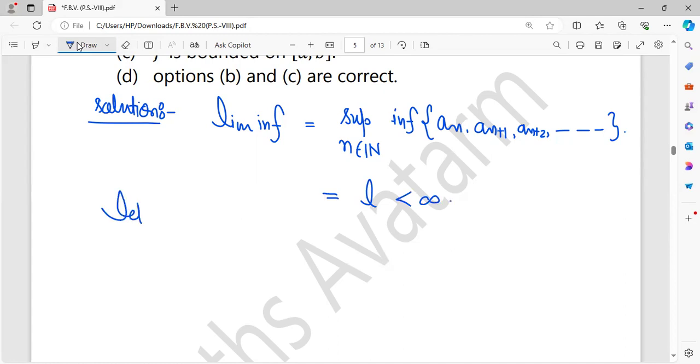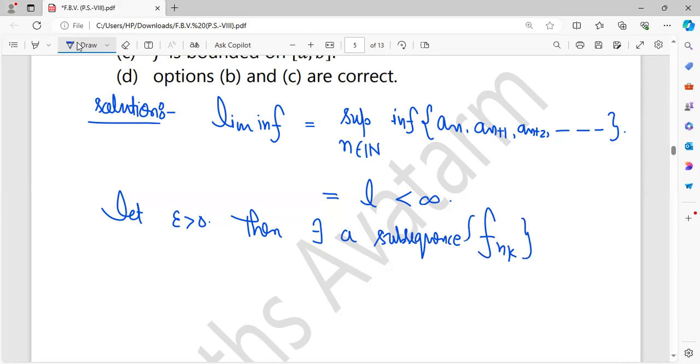Let epsilon be greater than 0. Then there exists a subsequence F_nk.